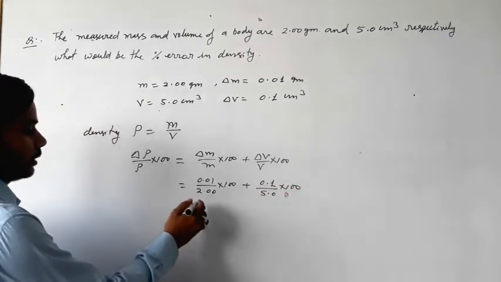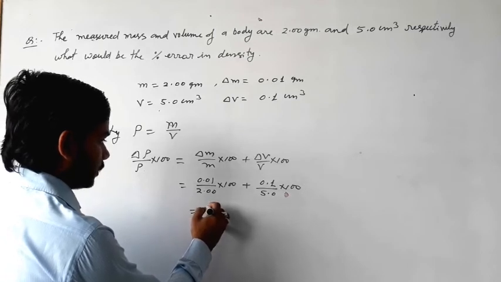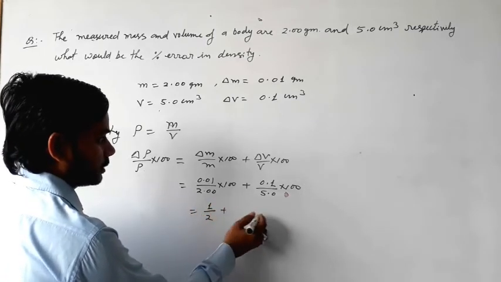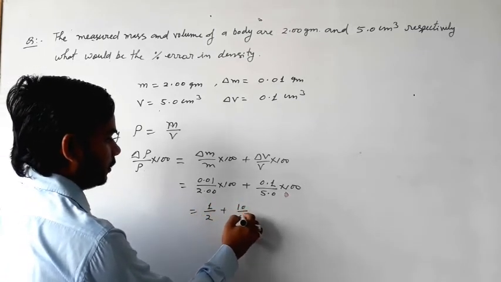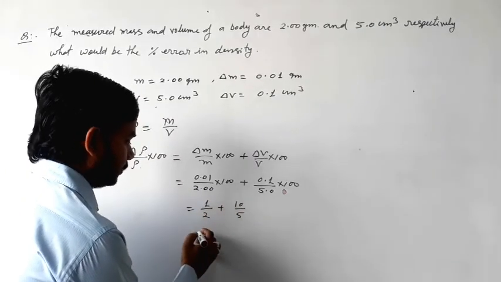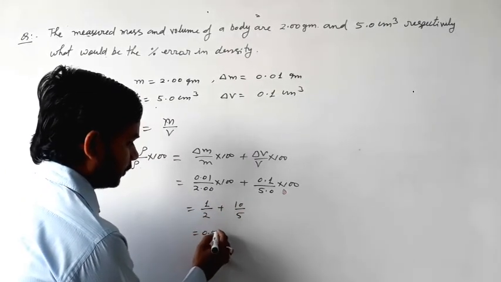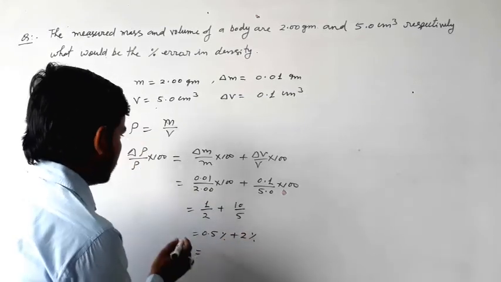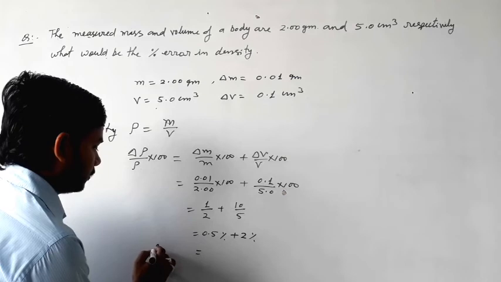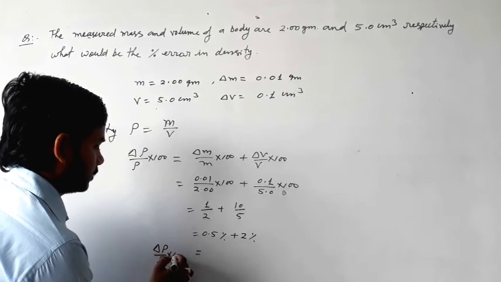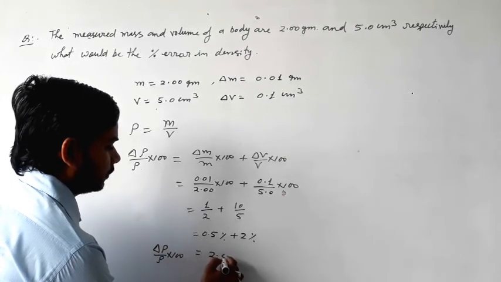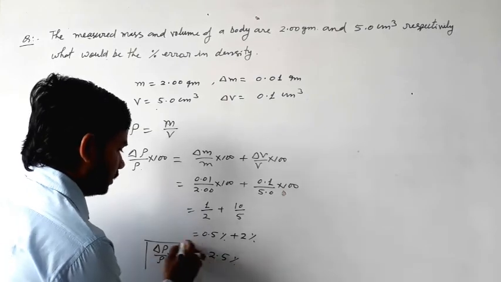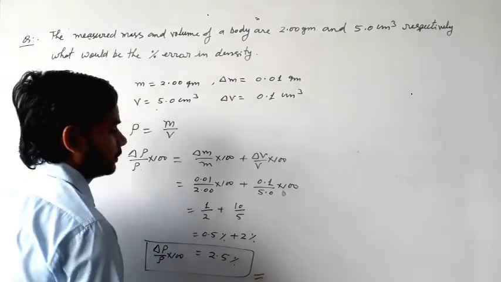Solving this, it will be 1 upon 2 plus 10 upon 5, so 0.5% and 2%. So the percentage error in the measurement of density is 2.5%. This is the final answer of this question.